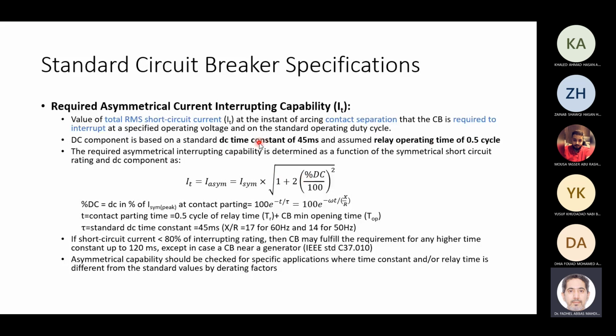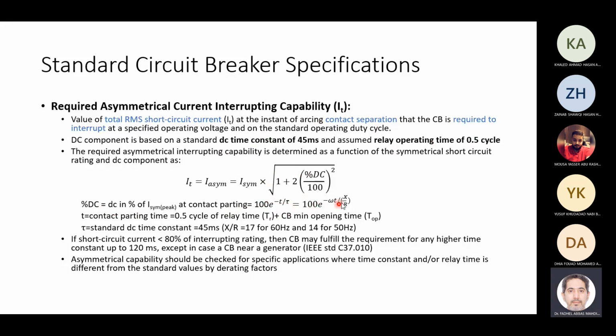the time constant of DC is 45 milliseconds, which is the DC, e to the power minus t over tau, times 100, to make it in terms of 100%.